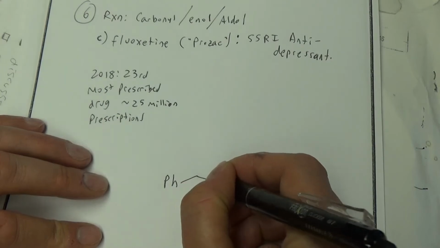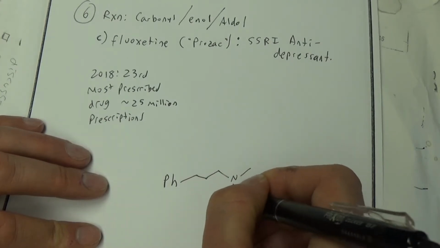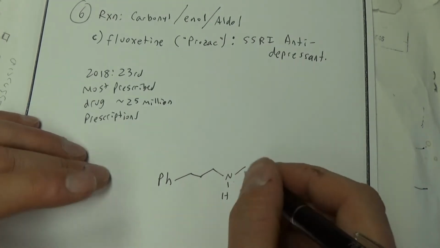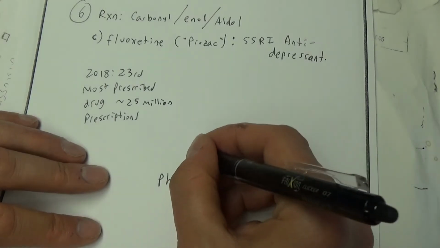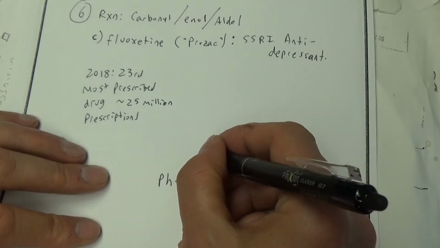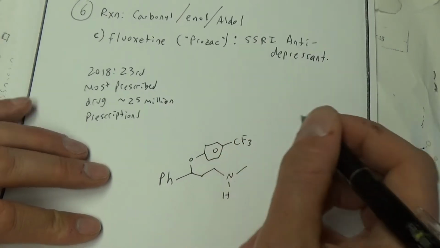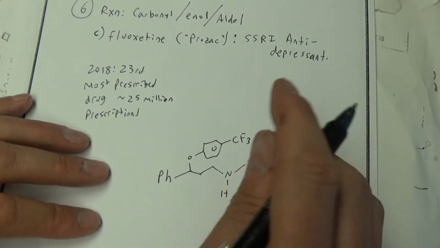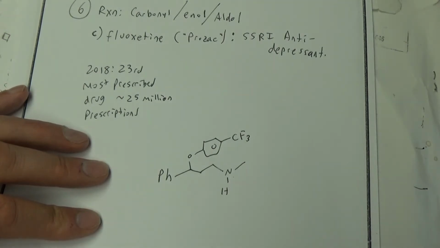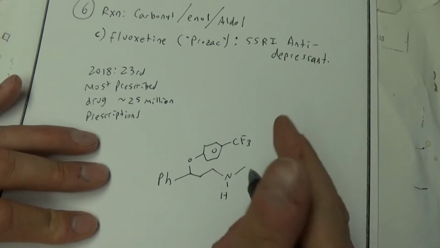We have N-methyl, so you have NH there, and we have an oxygen and a benzene with a CF3 there. So that's pretty straightforward. Are there any chiral centers here? Is this a chiral molecule? The answer is yes.